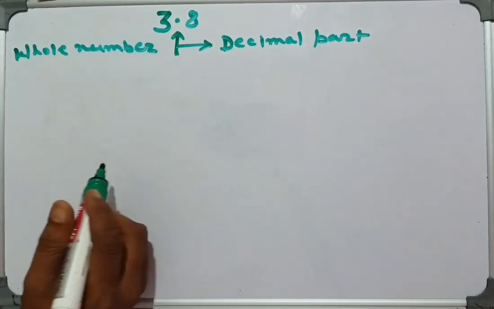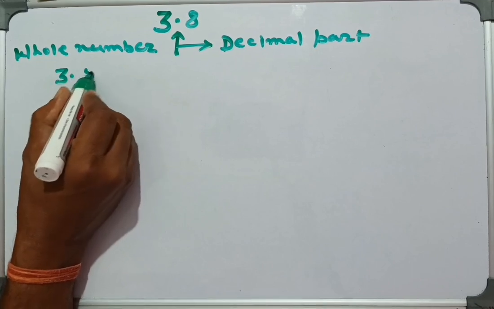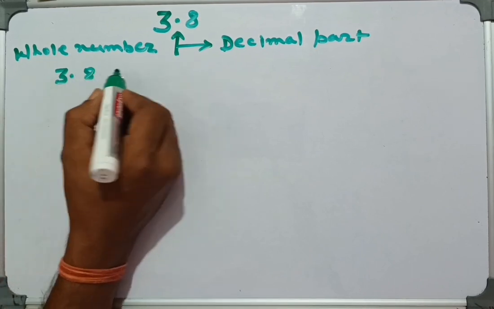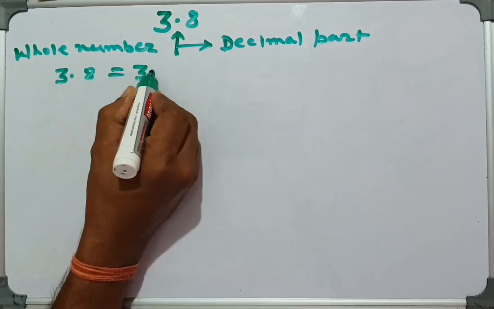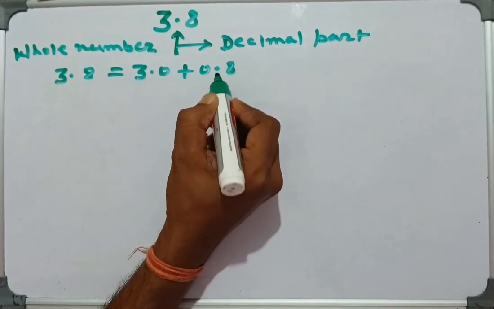Okay guys, now see, you can write 3.8 is equal to 3.0 plus 0.8.